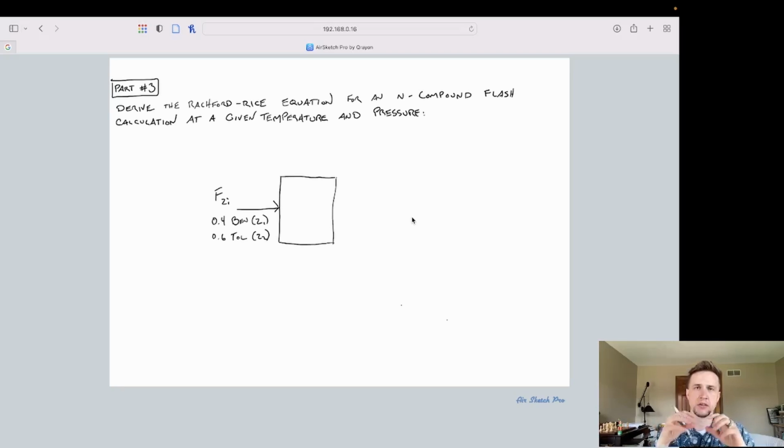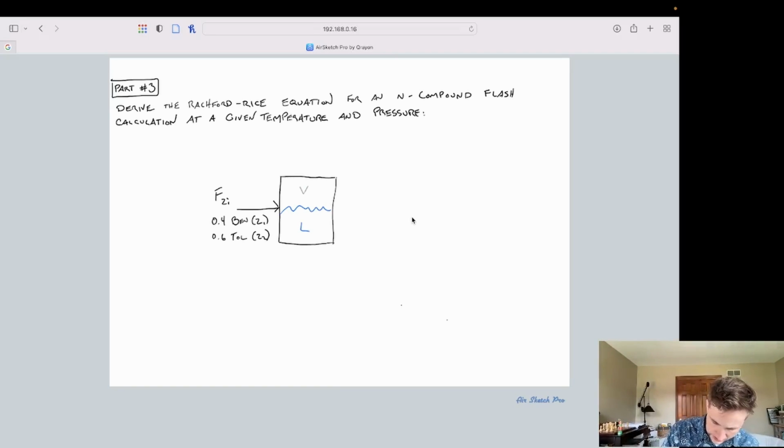What's going to happen here is the feed, whatever the feed is, could be 100% vapor, it could be 100% liquid, it could be a combination of the two going in. It really doesn't matter. What matters is the fact that it is going to separate inside the flash drum into the liquid phase and the vapor phase.